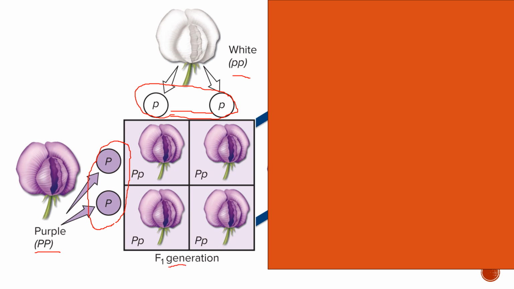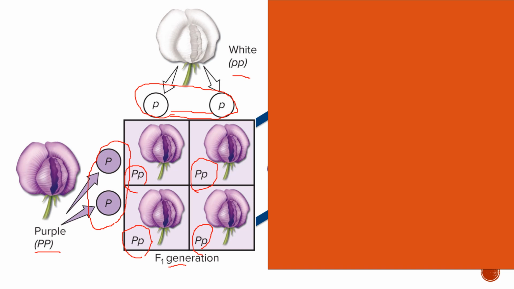We see that the phenotypes, it's 100%, they are all going to be heterozygous. So the genotype is 100% heterozygous, and it's also 100% purple. So the phenotype of all of these offspring are going to be purple. So if you made this cross, again, all of those would end up being purple.